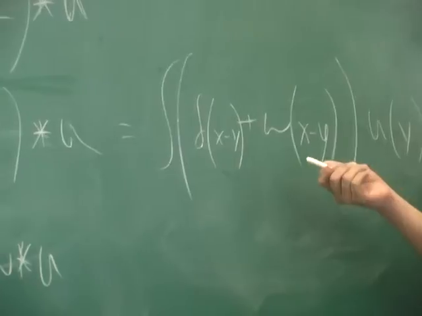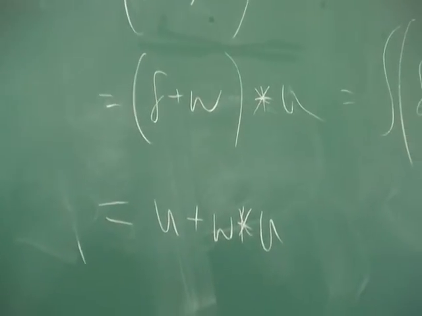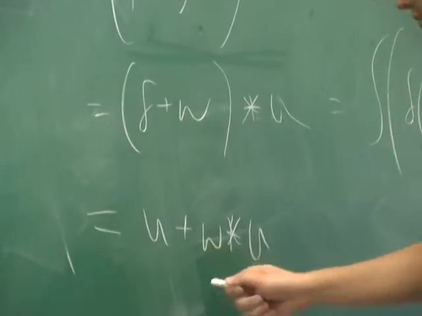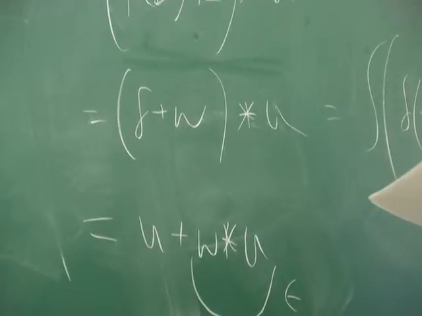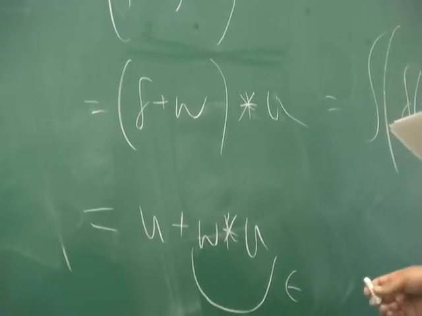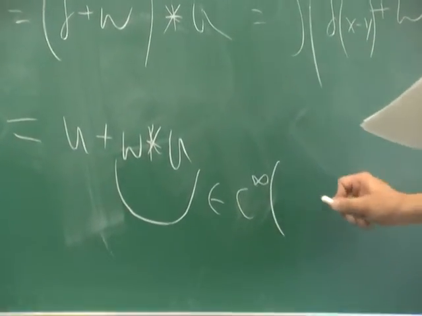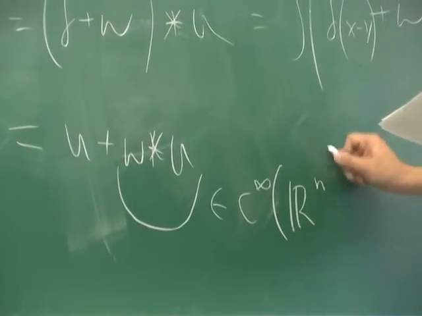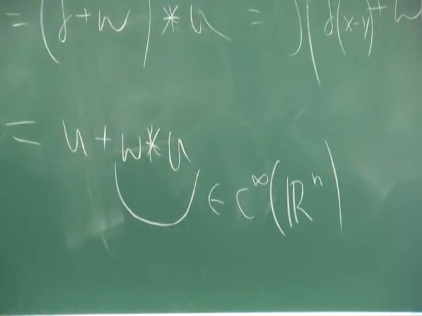Does that make sense? Yes. And then what? So we have U, and this thing right here is an element of continuous functions. We're almost there.